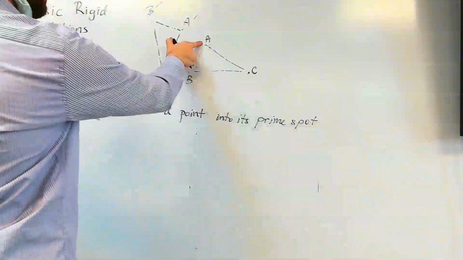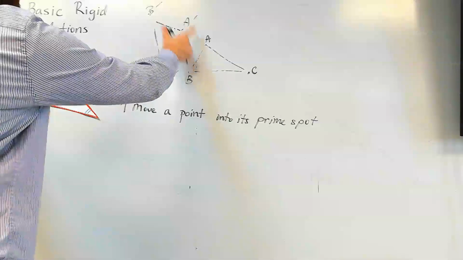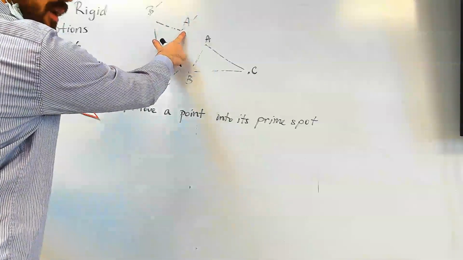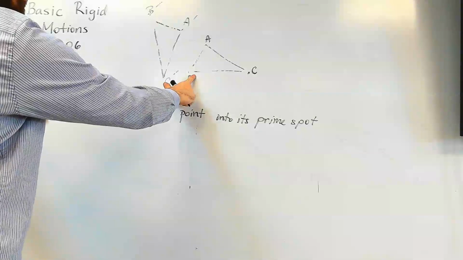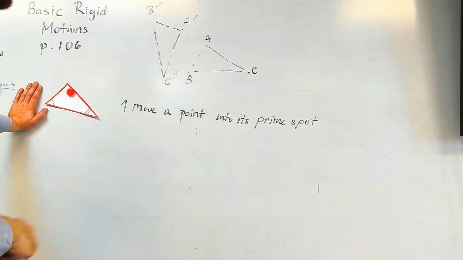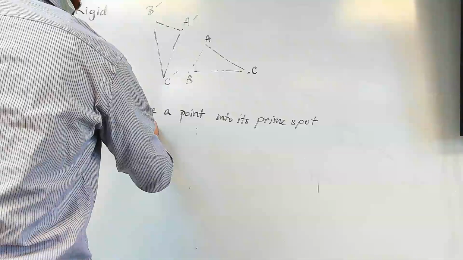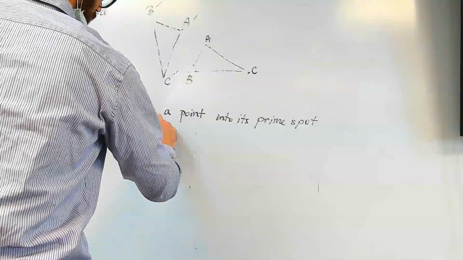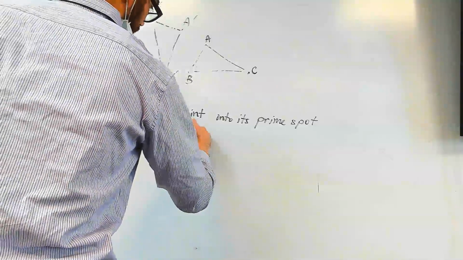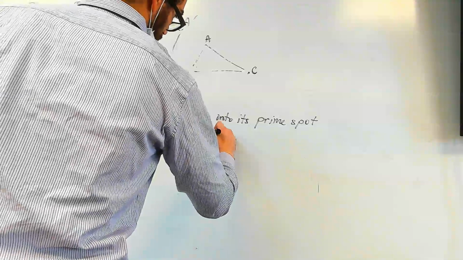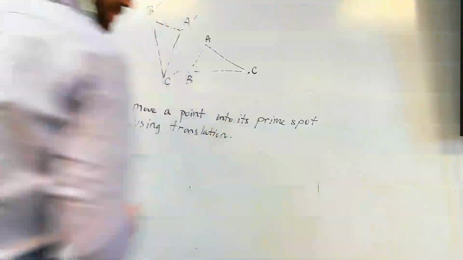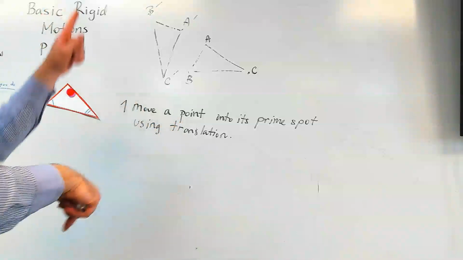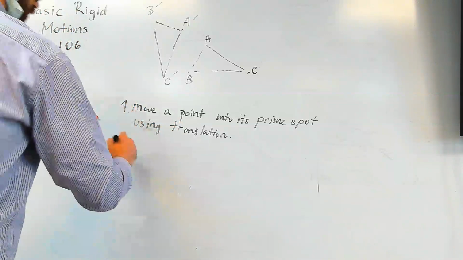So if you want to move A, you move A to its prime spot, A prime. If you want to move B, you're going to move B to its prime spot, B prime. And we're doing that movement using translation. Remember, translation is left to right, up or down movement. That's it. That's step one.